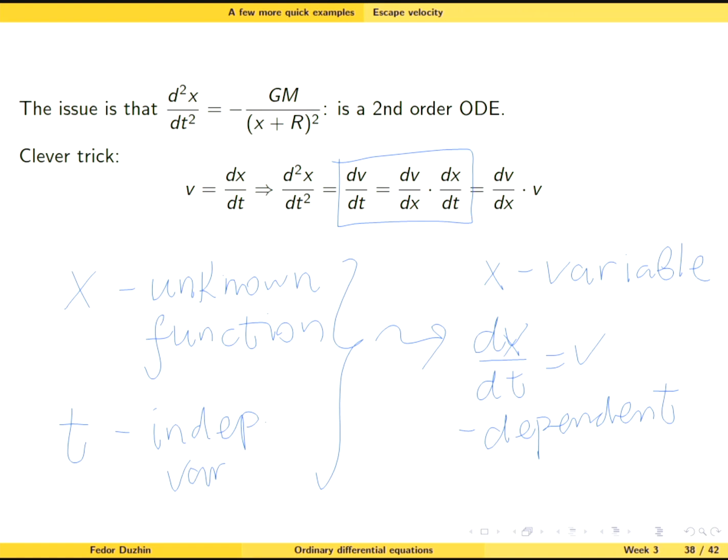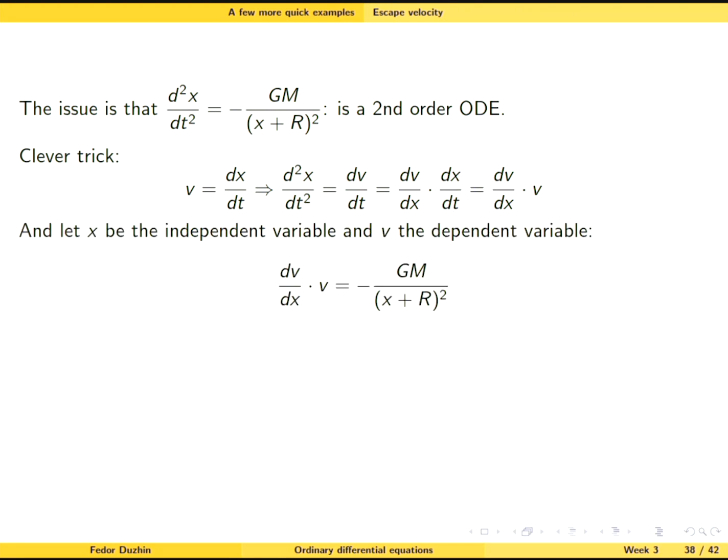But then dx dt here is just v. So that's how we did it. So the second derivative of x is nothing else but dv dx times v. Well, and then when we substitute it into the equation, that's what we're going to get.